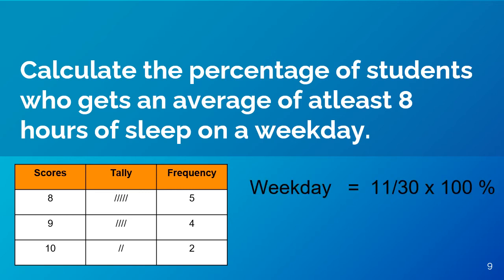So we have 11 over 30 since the total frequency is 30. Then multiply it by 100. So we have 36.67. Your final answer should be 2 decimal places, so you need to round off your final answer. Again, 2 decimal places, then round off.